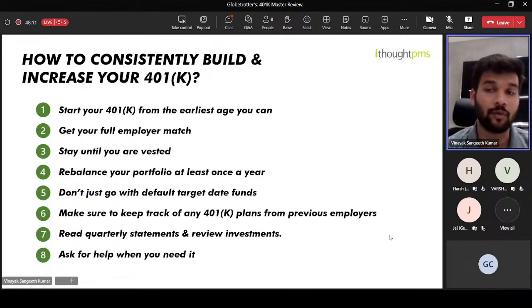So don't just go for the default target date funds. They sound good and interesting, but may not be an optimal product for all investors. Make sure you also track your 401k plans from previous employers. It's not an interesting thing to do, but try reading your quarterly statements or reports, or review your investments whenever you can. And also ask for help whenever you need it.